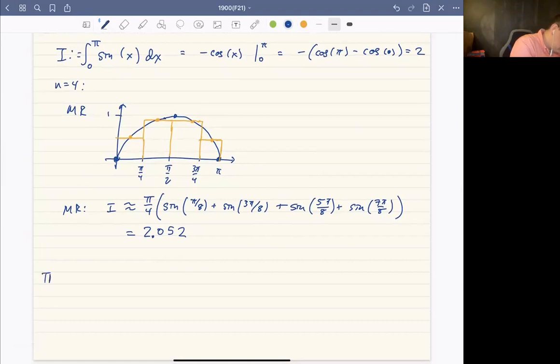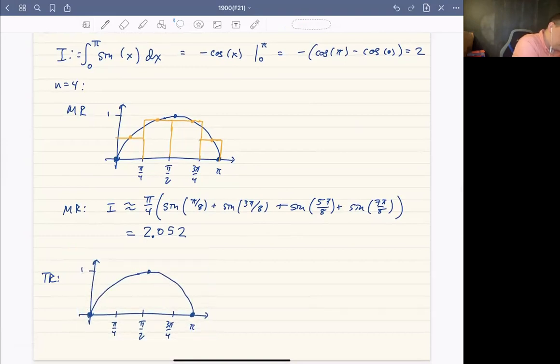For the trapezoid rule, same idea. I copied this picture so I didn't have to redraw it. We're going to split it up into the same regions again, think about the values here, and then calculate the area of those trapezoids.